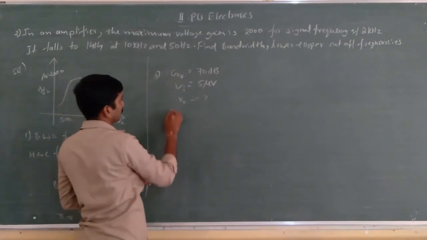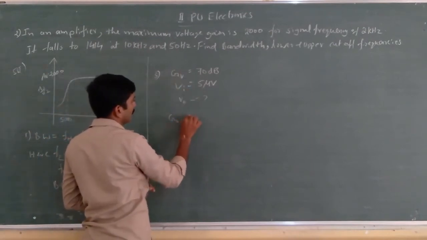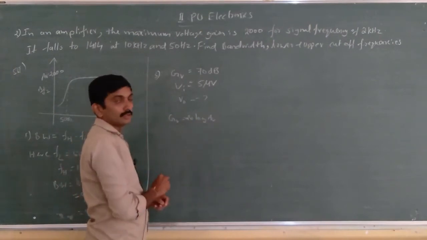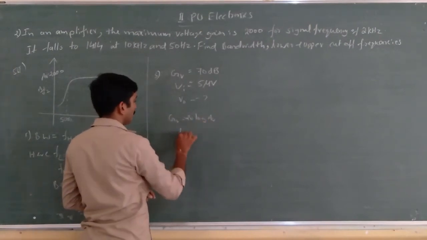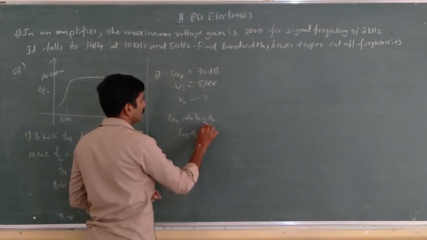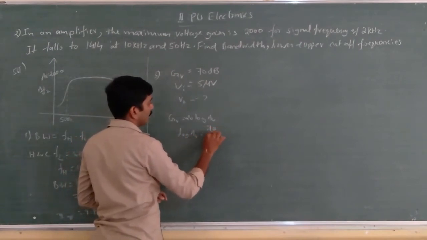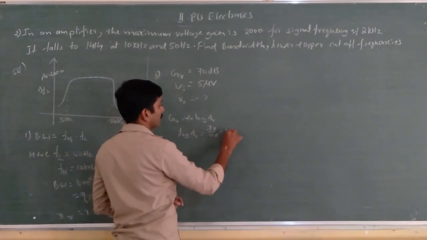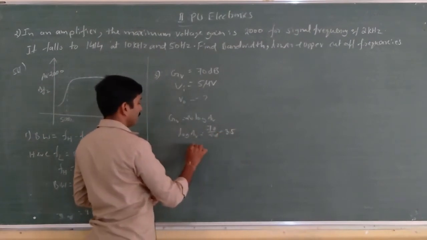See, GV is given. GV equals 20 log of AV. Now, log AV equals 70 divided by 20, equal to 3.5. What is AV?